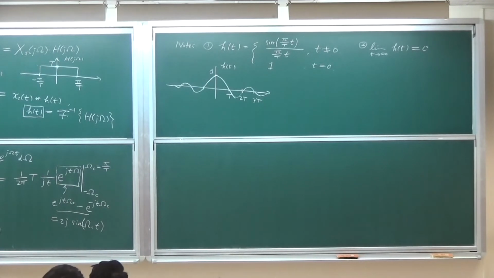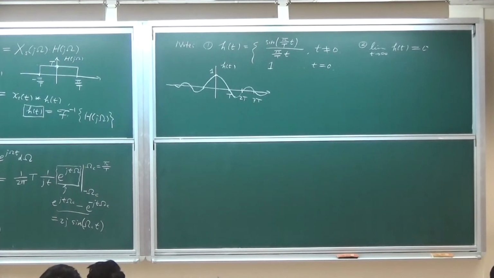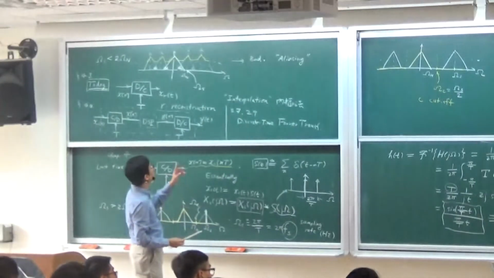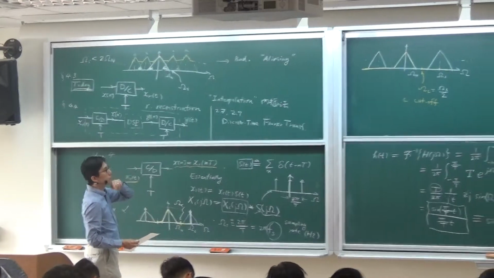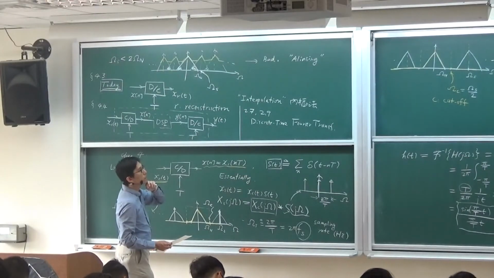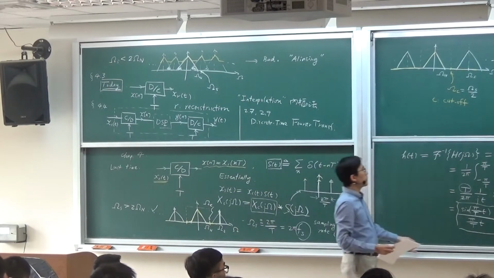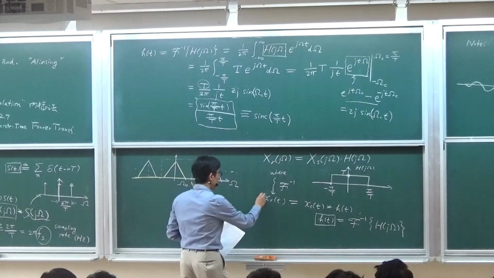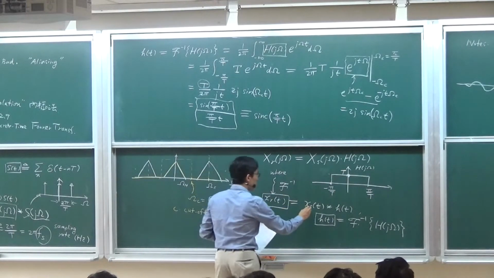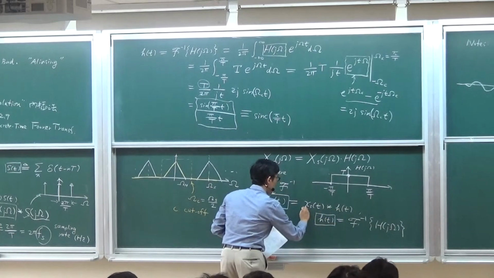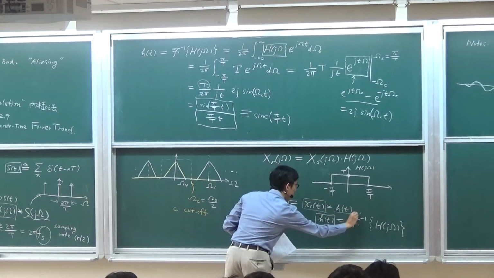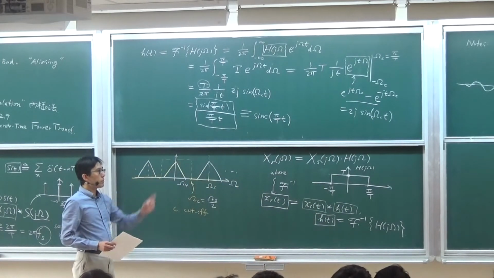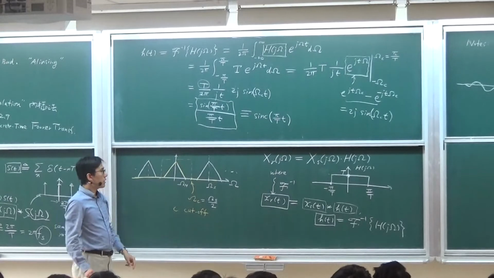Because we're talking about D to C conversion, and in here we argue that the result, the convolution, the reconstructed signal, is going to be the result of convolution of this impulse train with h of t, which is sinc.